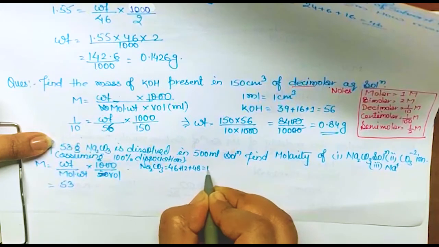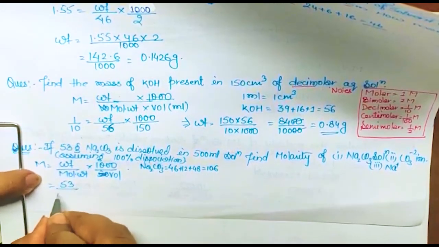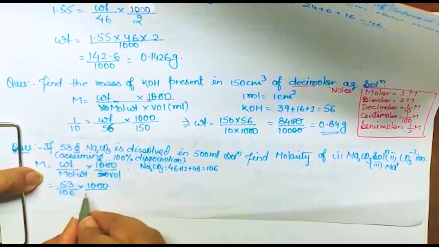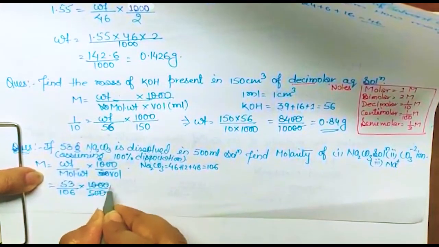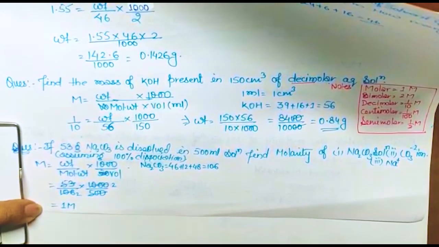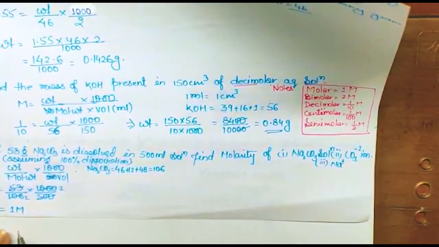This becomes 106. So 106 into 1000 upon the volume, which is given as 500. So this is 2 and this is 2. So the molarity we got is 1M. So the first answer we got is that the Na2CO3 solution molarity is 1M.